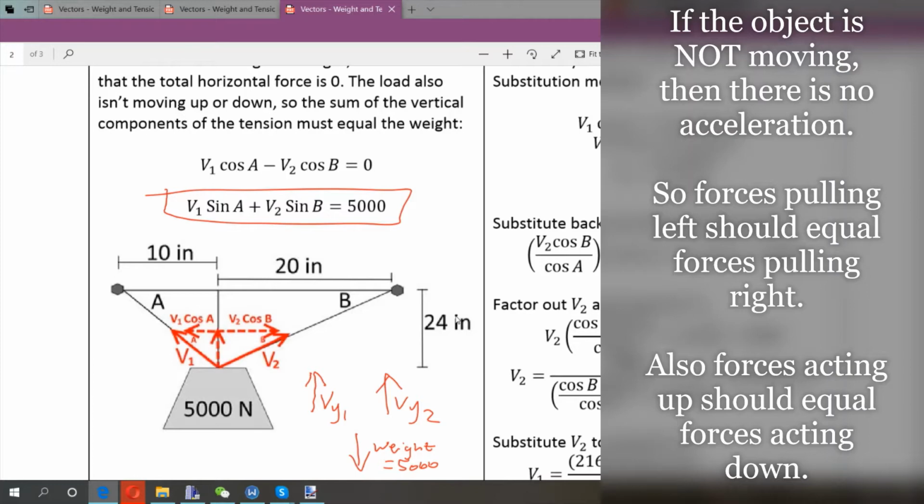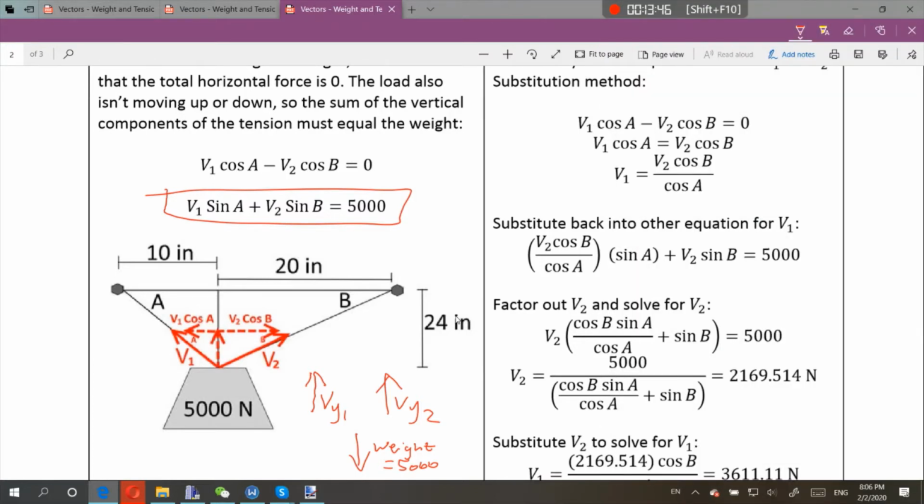In order to get how much of this vector is going to be acting vertically, I could use a sine function for my angle. The sine of my angle would be the opposite over hypotenuse. So I could say that the sine of B, for instance, would be equal to my total large line here, my hypotenuse, is V2, and then my opposite side here is what I want.